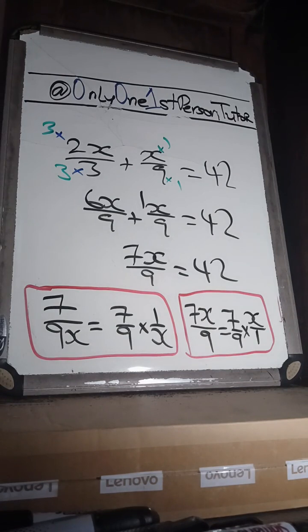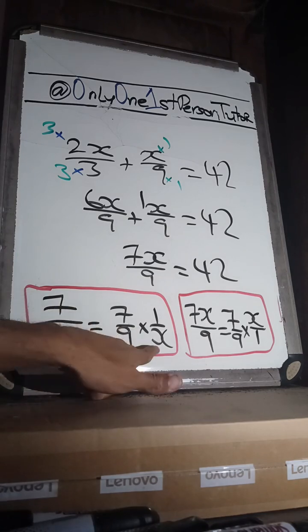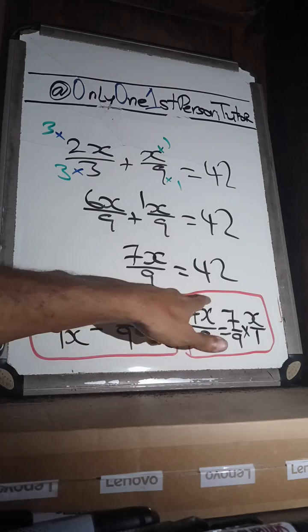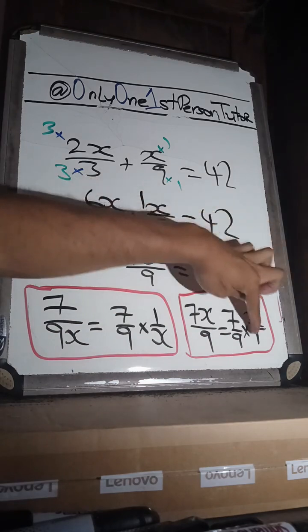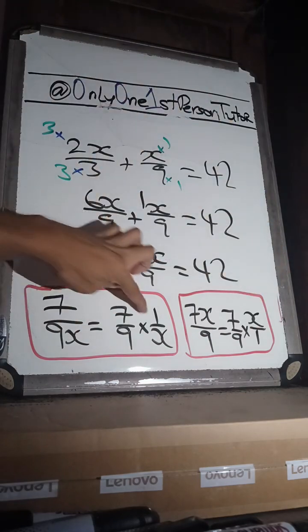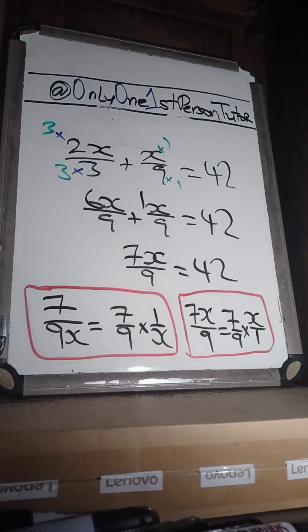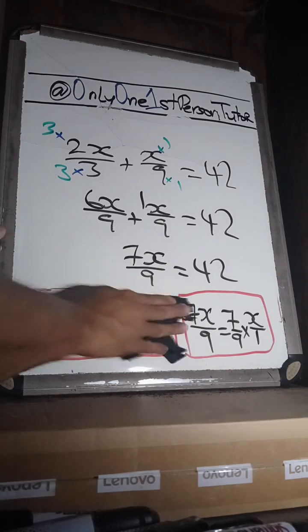Where the x is, is important. The x being up here is x over 1. The x down here is 1 over x. So I'm rectifying, and we just want to be mindful of that.